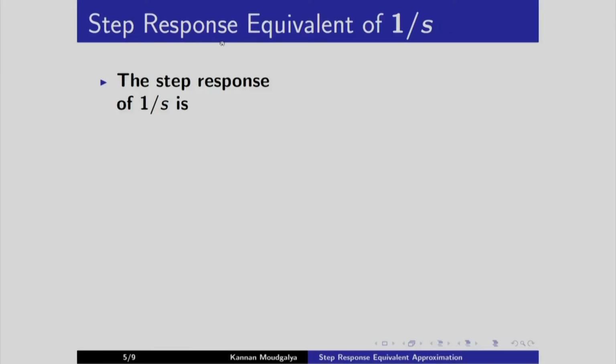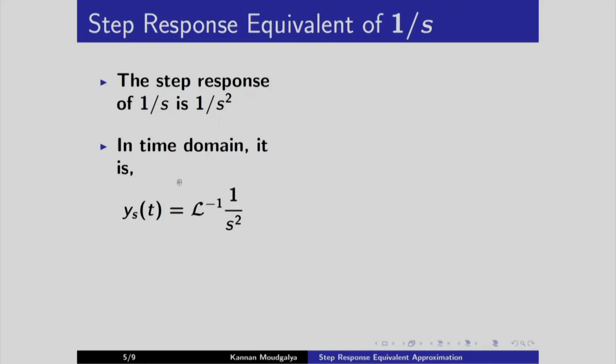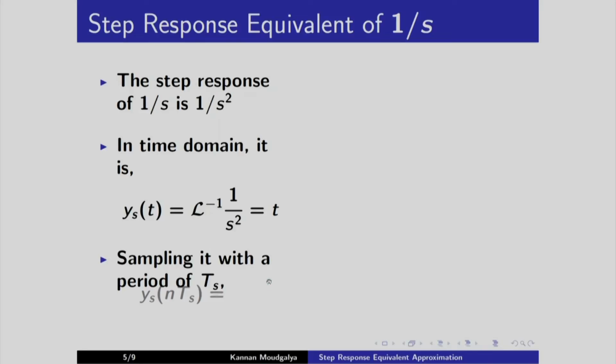Let us calculate the step response equivalent of 1 over S. The step response of 1 over S is 1 over S squared. In time domain it is the Laplace inverse of 1 over S squared, which is equal to t. Now sample it with a period of Ts, we get Ys of nTs as n times Ts.